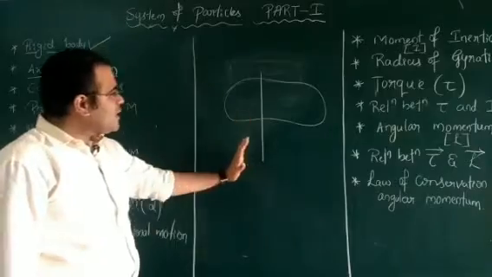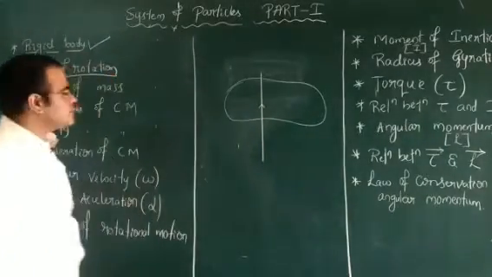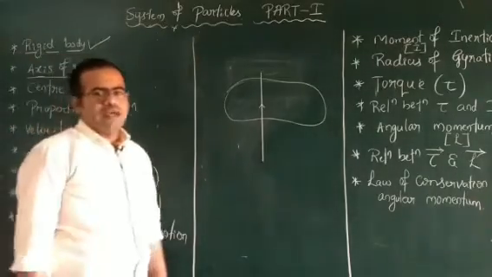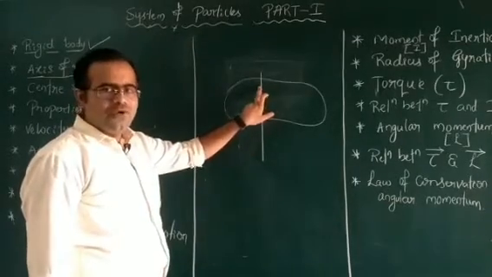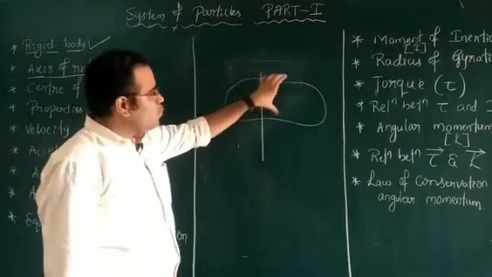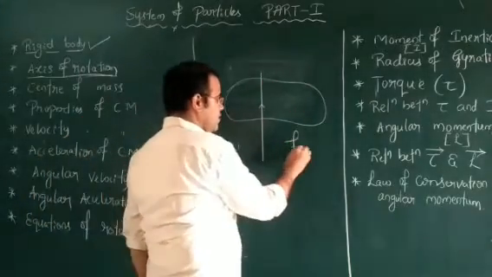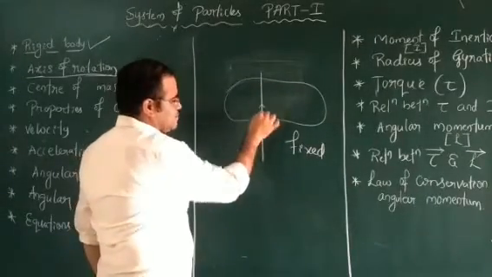That kind of a line we consider as the axis of rotation. If I consider this as the axis of rotation, this body has been fixed along this particular line.